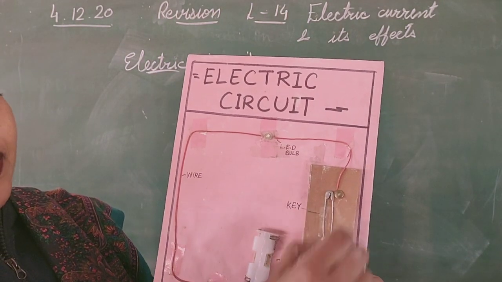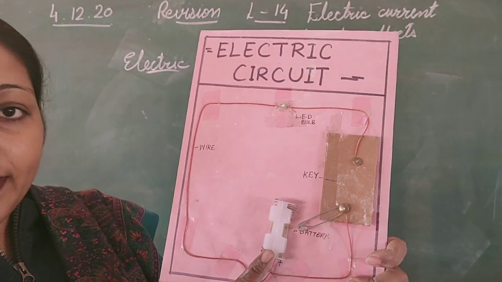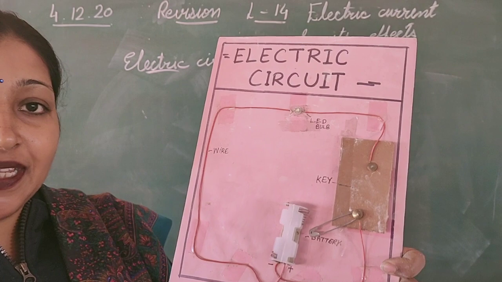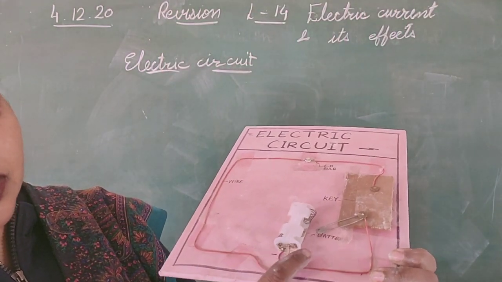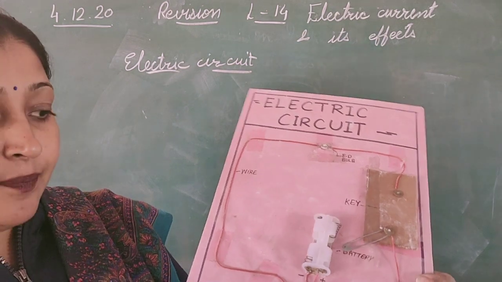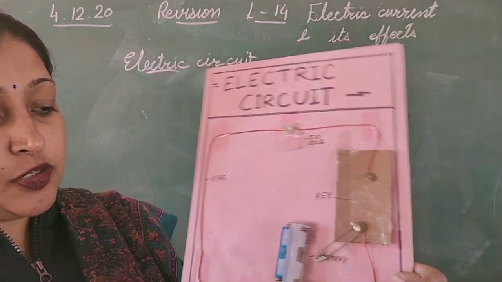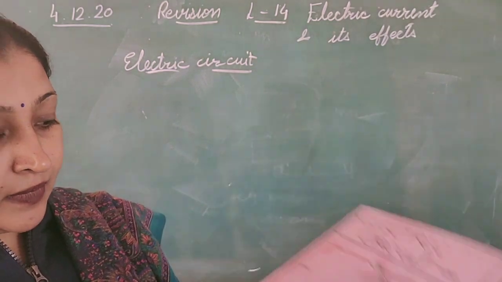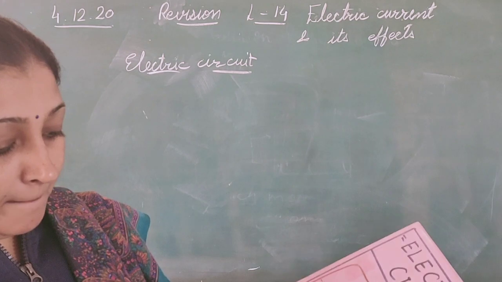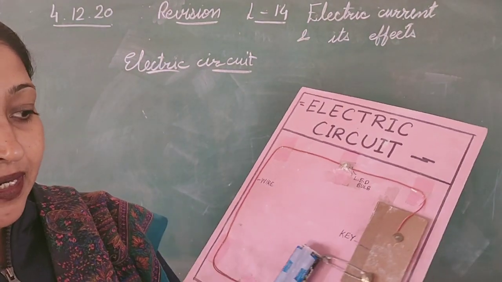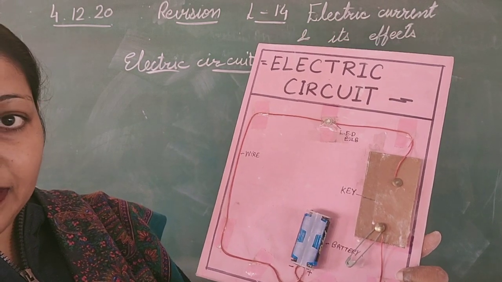Beta, this safety pin I have used as a switch. It is a holder that can hold your cells and make them a battery. I hope you can see the metal chips here. So you can see I am adding cells over here. I am simply adding cells and making it a battery. There are wires. Can you see the wires?